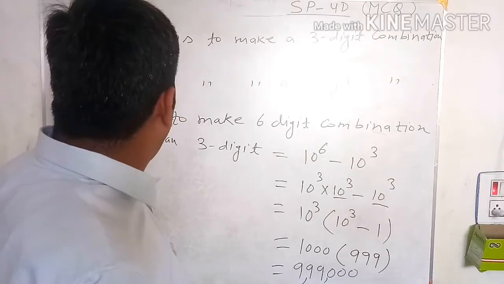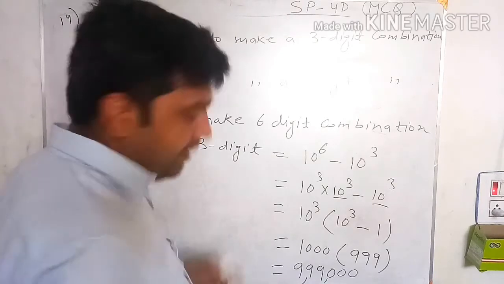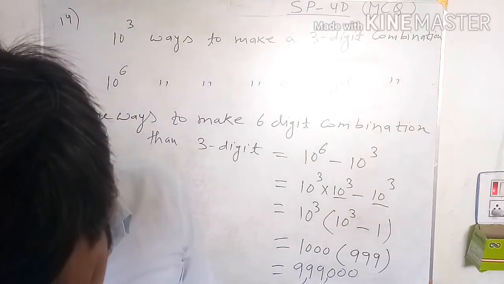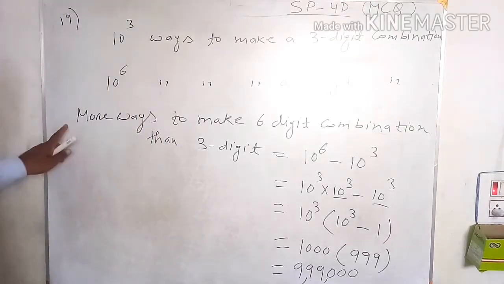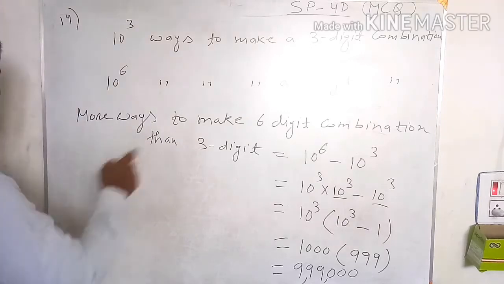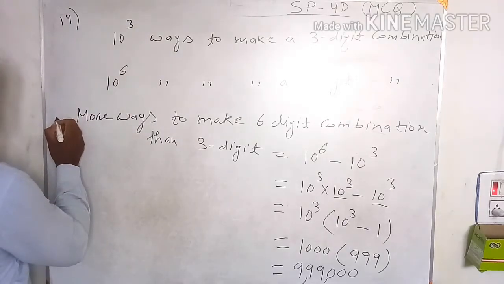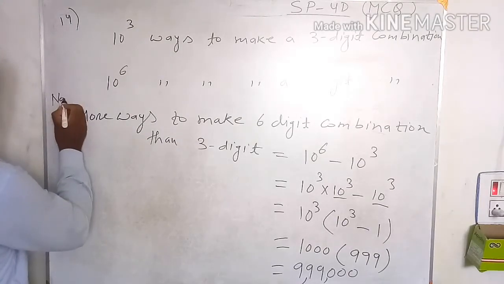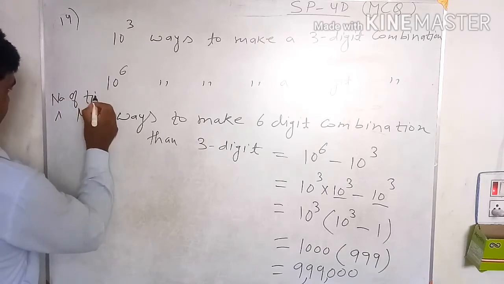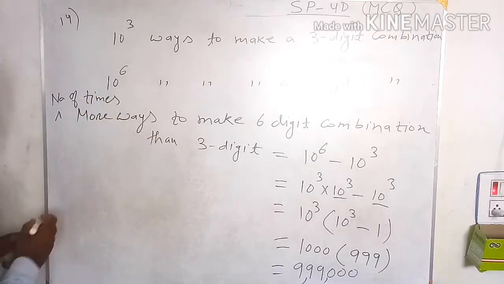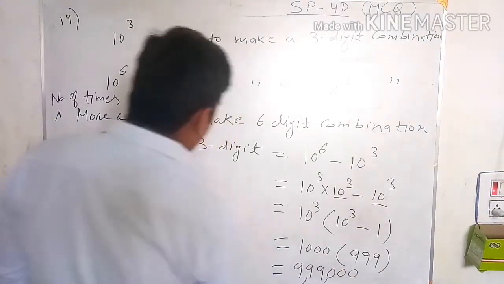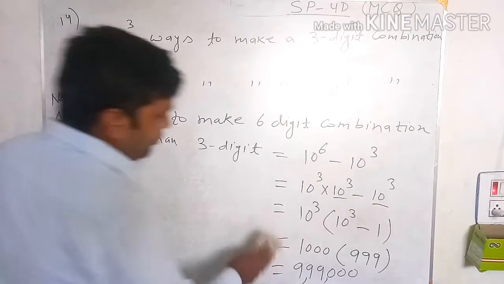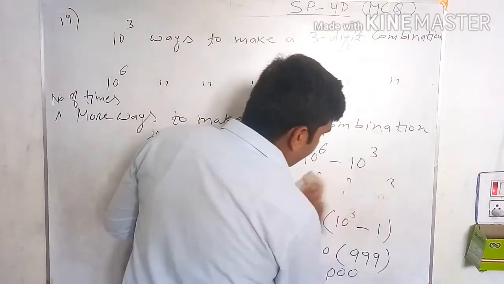The question is asking how many times more ways to make a 6-digit combination than a 3-digit combination. So don't do this; it is asked the number of times. So here we have to divide.